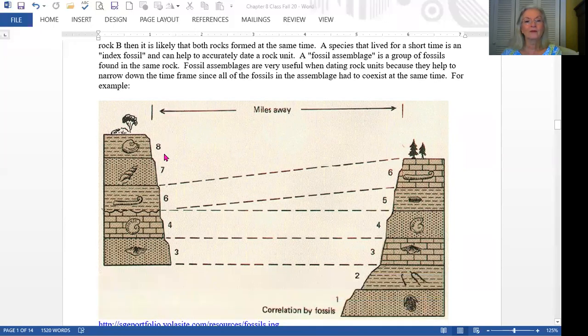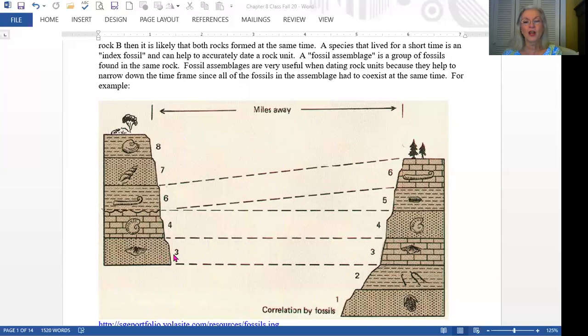Let's look at the graphic. On the right side of my screen, I have layers 1, 2, 3, 4, 5, and 6. On the left-hand side, you can see that the fossil in this rock and the fossil in this rock are identical.